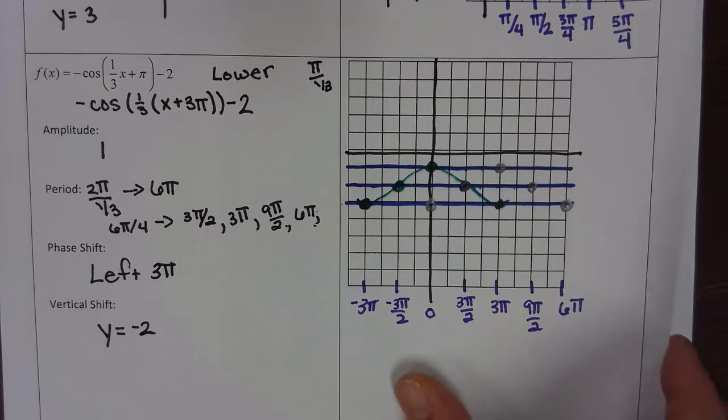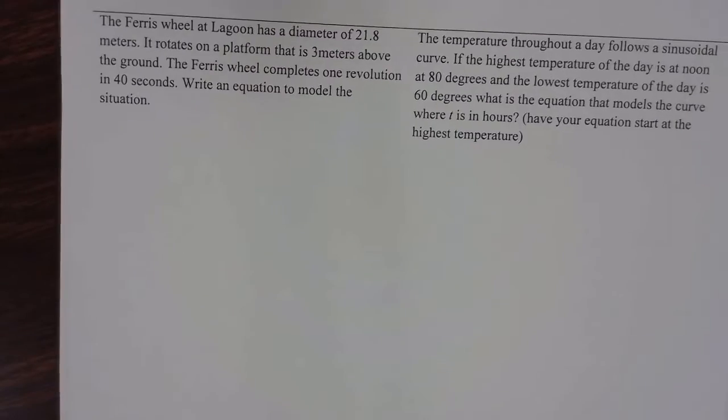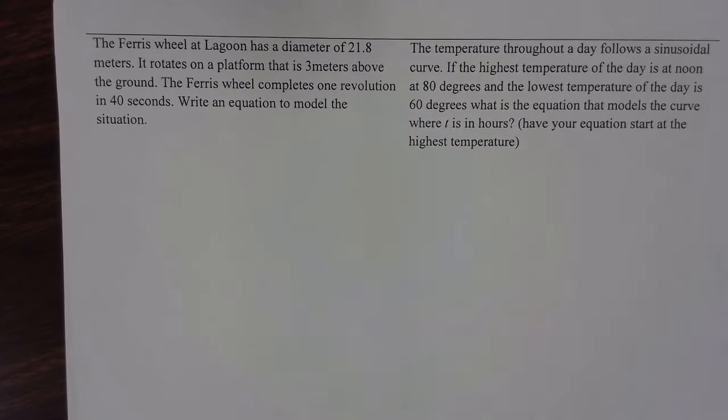All right, it looks like we're done, but we're actually not. So flip your paper over. Oh, mine's not on the back, but mine's on another sheet. Okay. These are story problems. We're not going to graph them, but we're actually going to create the equation. One thing I do want to point out is there will not be a phase shift when it comes here.